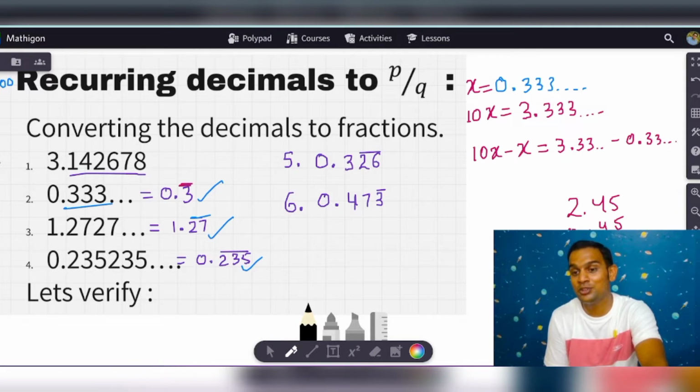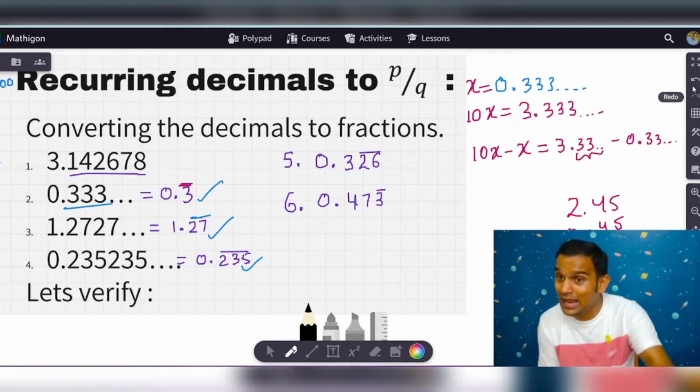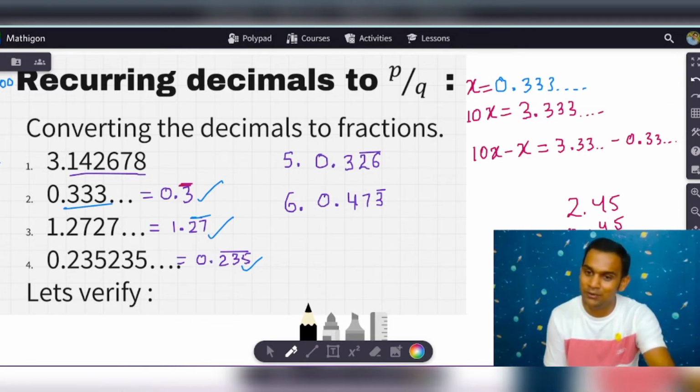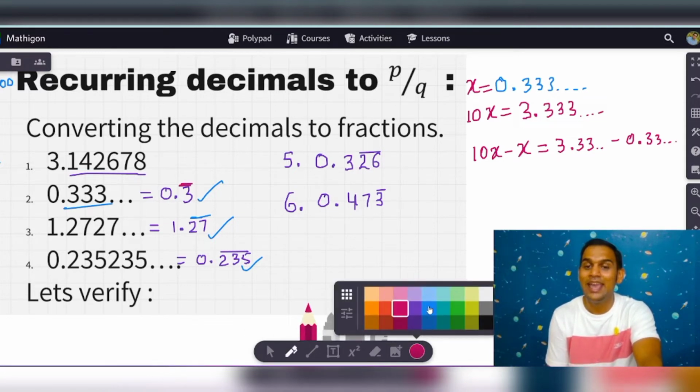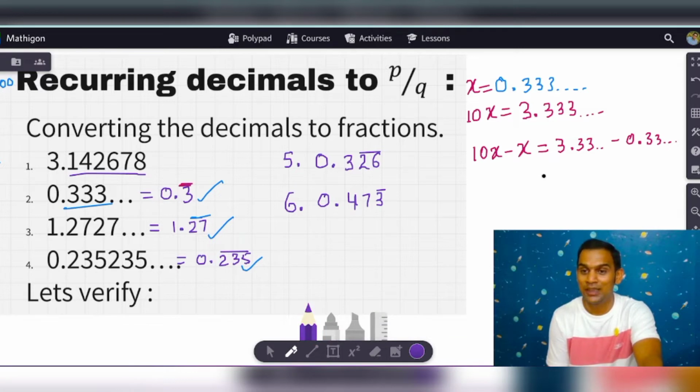They become 0 0, right? Now this number is continuously repeating, but the same number is repeating, and if you are subtracting it, what happens to the numbers after the decimal? They become 0, and we are left with 3.0000.